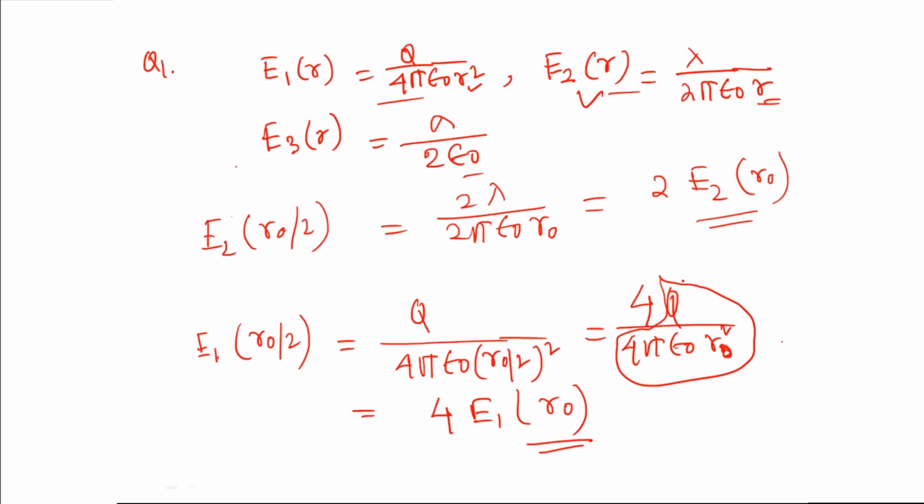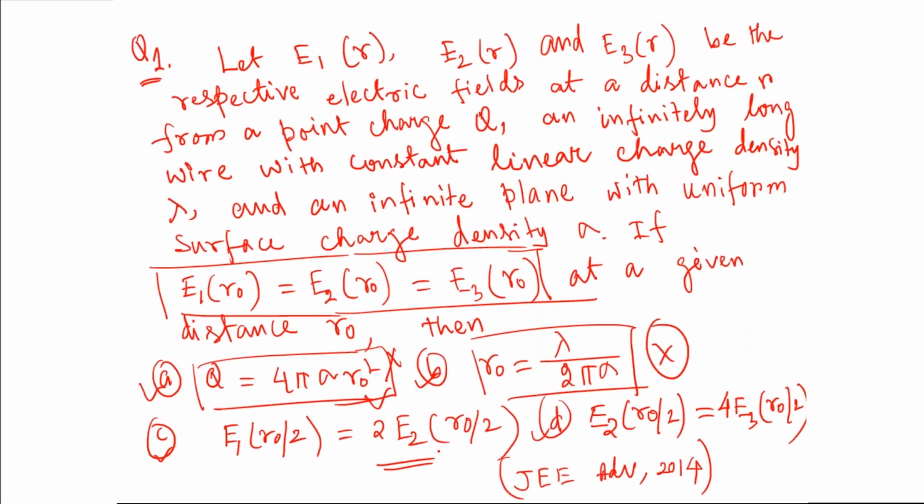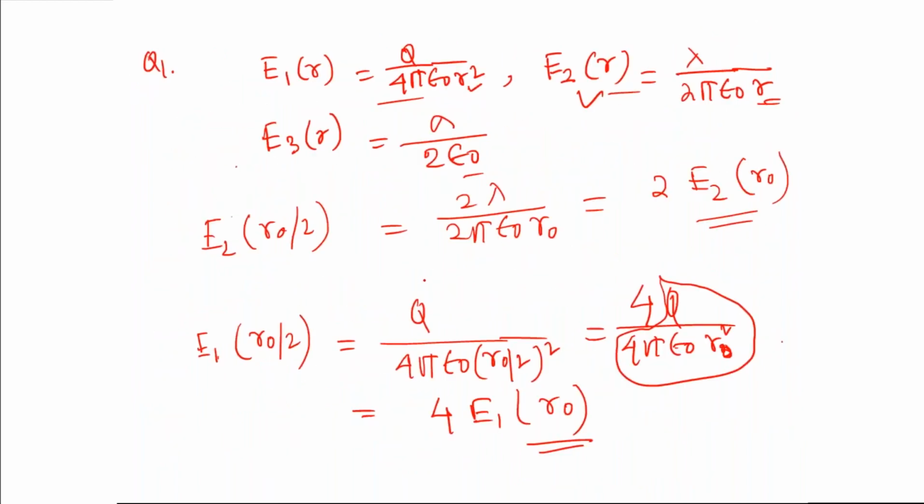That means I have to find out a relation between E1 at R0 by 2 and E2 at R0 by 2. So these are the options. Let us see whether we can find it out.